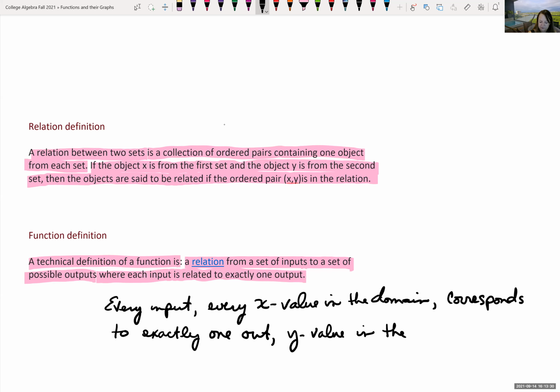So if we have one X value that maps and gives us more than one Y value, then it's not a function.